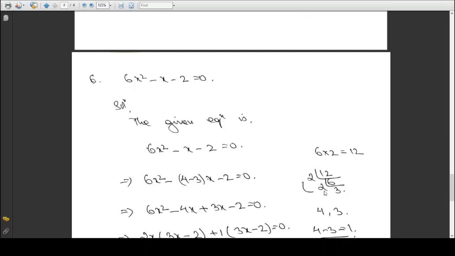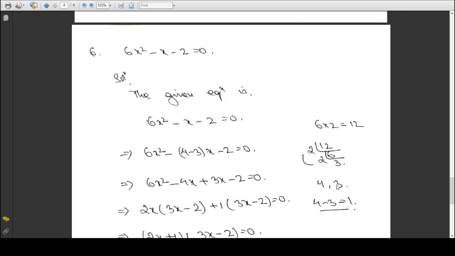Now you group them together so that you will get 1. 2 multiplied by 2 is 4, and 3. You subtract 4 minus 3, which is 1. Therefore, instead of this x here, usually it is 1x, but we don't write the coefficient 1.